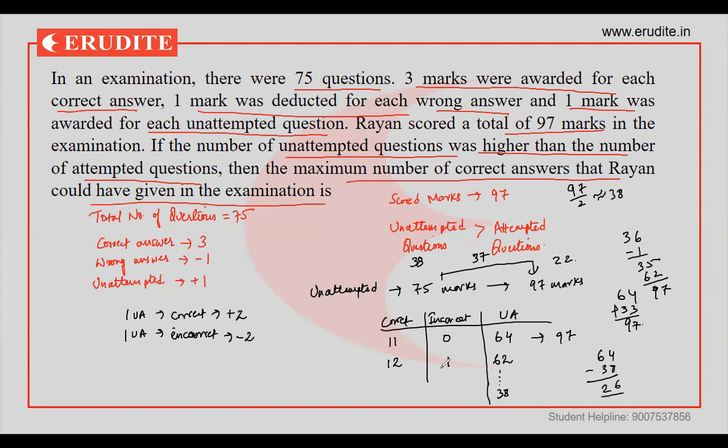So 26 questions, half will be here and half will be here. So that means 13 questions will be added here. That means 24 questions are here and 13 questions are here. Still the score is how much? 97. So the maximum correct answers can be 24. So this is my correct answer, 24. I hope it is clear. Thank you.